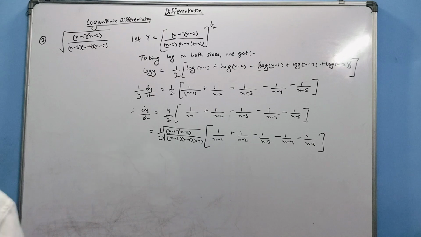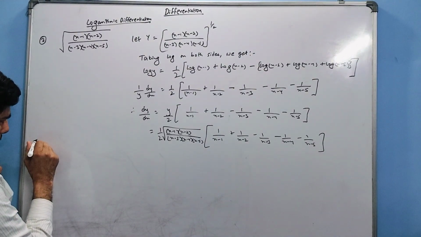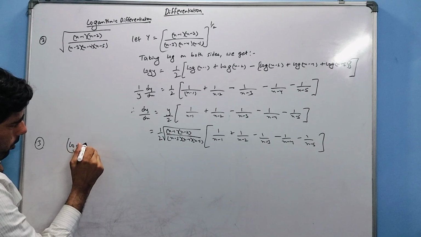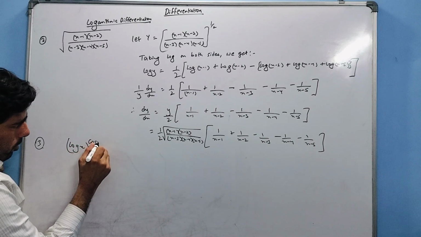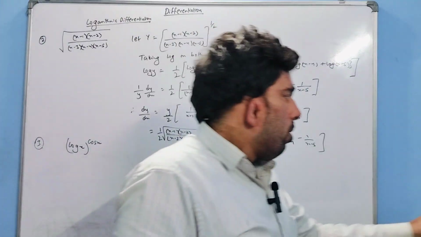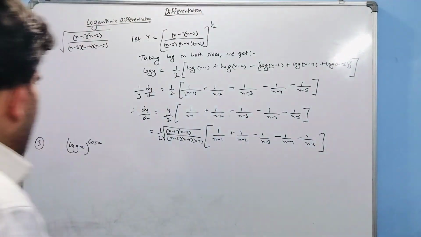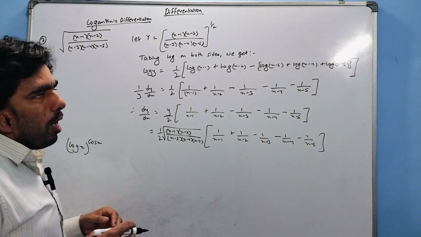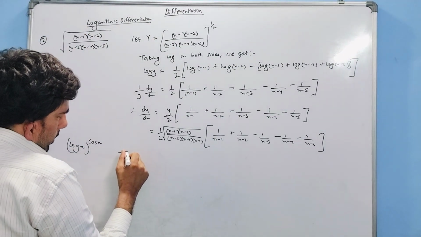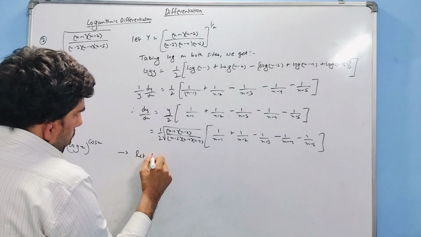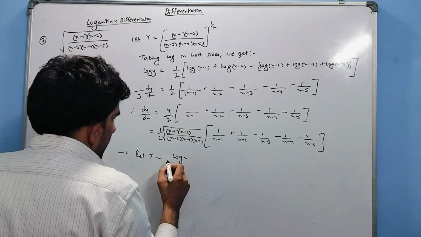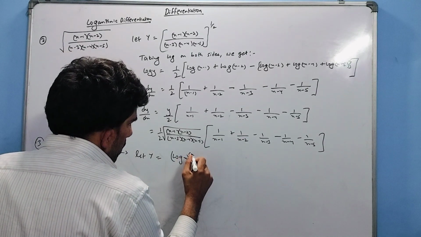Now we have the third question here. They have given log x whole to the power cos x. Let's try to differentiate it using the log. How? Let us see. Consider this. Let y is equal to log x raised to the power cos x.